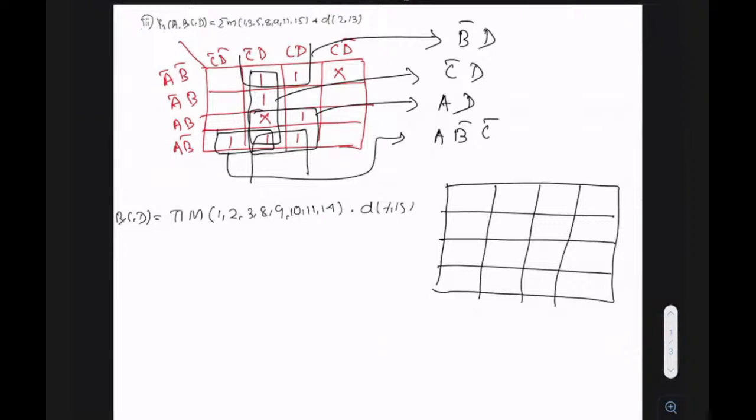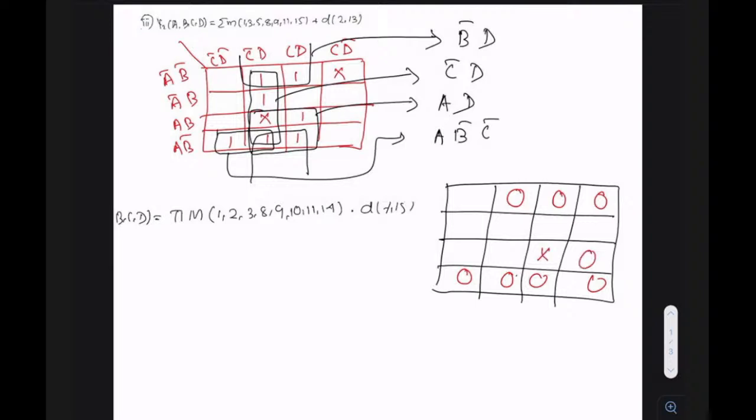Similar questions, but here we have the max terms. Max term 1, 0, 1, 3, 2, then 4, 5, 7, 6, 8, 9, 11, 10, 12, 13, 15. 15 is don't care, and you have 14.